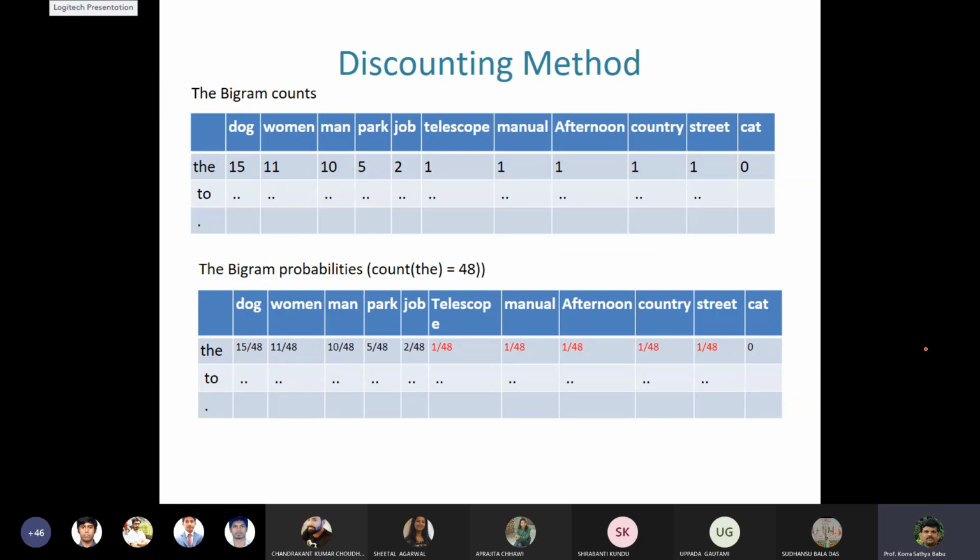Another method you use along with this is the discounting method. What is the discounting method? See, in the first example, the word following the, dog occurred 15 times. The woman, the count is 11. The man, 10 times. The park, 5 times. Then the job, the telescope, the manual, the afternoon, the country, the street, and the cat.